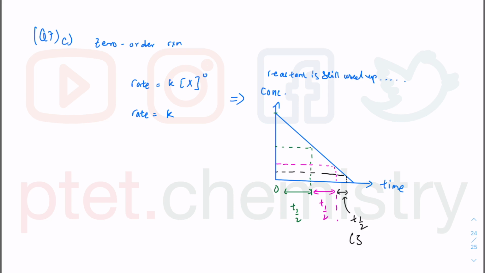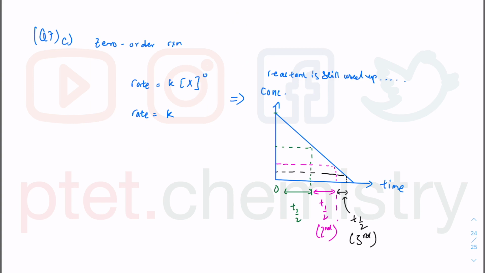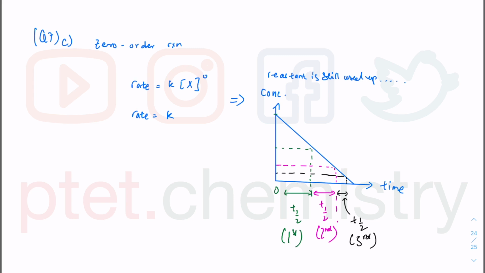So this is the third half-life. The one in pink was the second half-life. The one in green was the first half-life. From the first, the second to the third, the half-life is not constant because it's not a first order reaction, it's a zero order reaction.